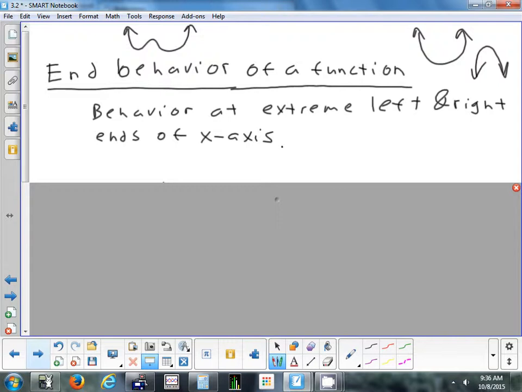Or you could have a cubic, where on the left side, one end goes down, one end goes up. Or reverse it. On the left side, it's going up. On the right side, it's going down. Those are the only 4 cases you can have for end behavior. And that's what we're describing. Not the twists and turns in the middle. What's happening at the very edges of the function.